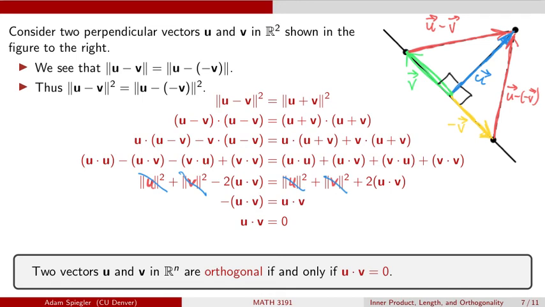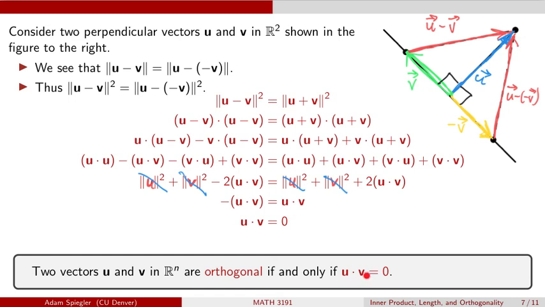Namely, we say that two vectors u and v in Rn are orthogonal. Orthogonal is equivalent to saying perpendicular, meaning the angle between these two vectors is a right angle. Two vectors in Rn are orthogonal if and only if the dot product of those two vectors is equal to 0.